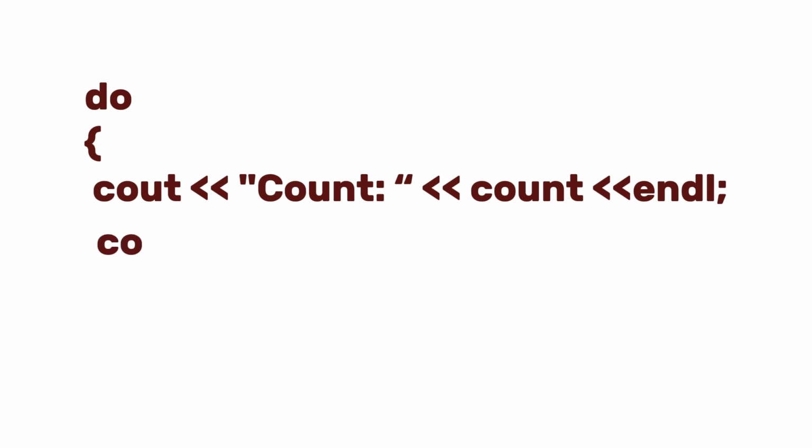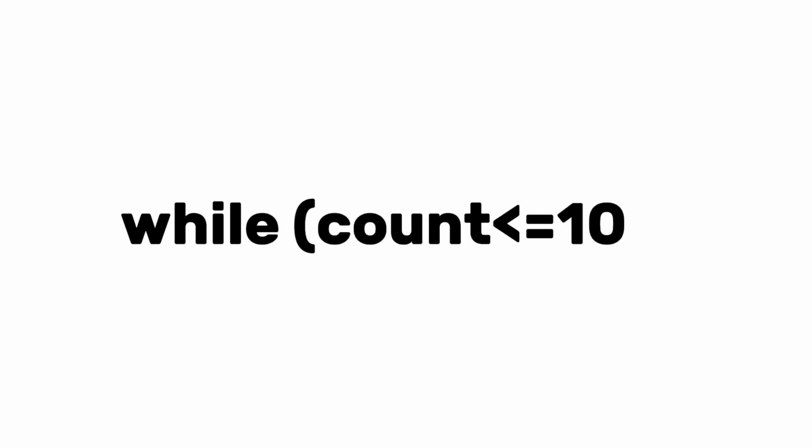Do not forget the increment count plus plus. Close it off with a curly bracket. And then finally do the while condition. While parentheses count less than sign equal sign 100.